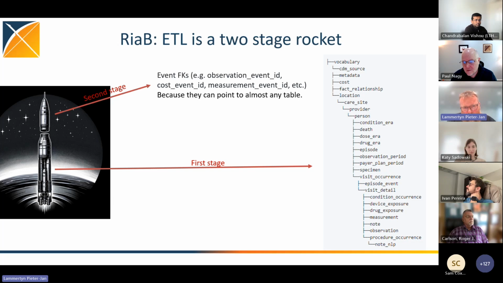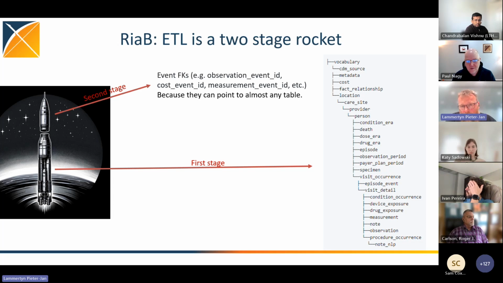The first stage: if you look at the OMOP common data model, you will see that all the tables have foreign keys to other tables. For instance, a person has a provider ID.